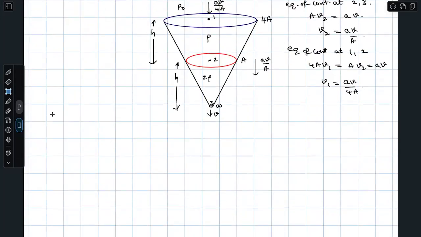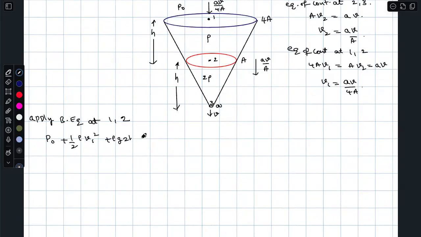Now everyone apply 1 and 2. Is this okay?